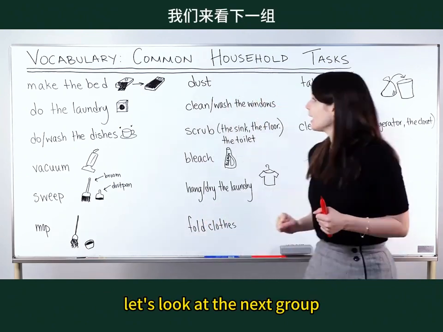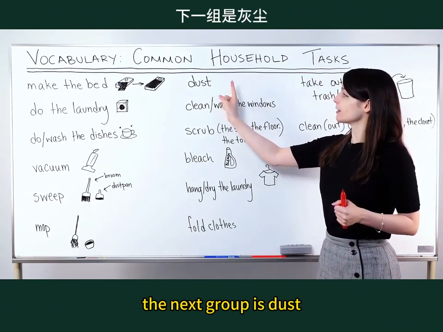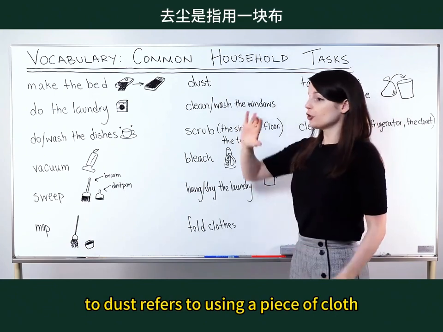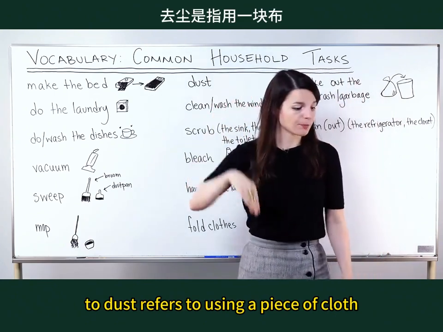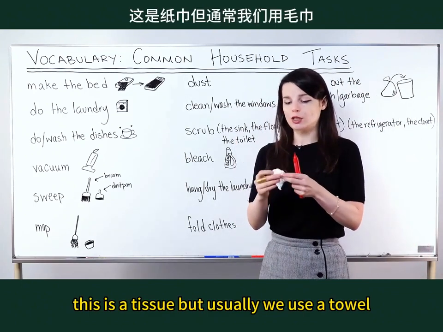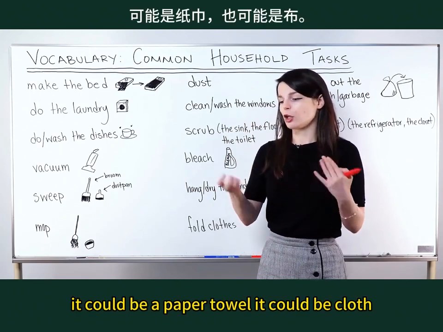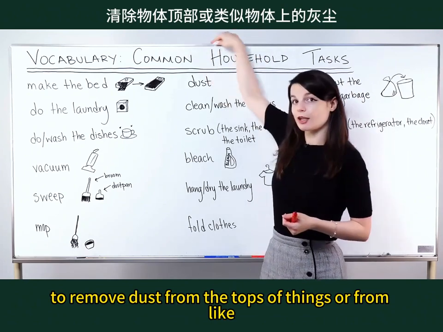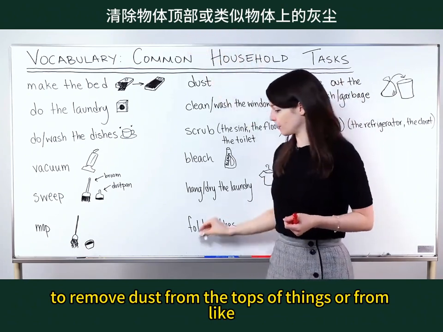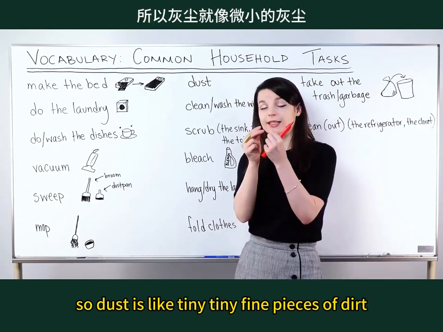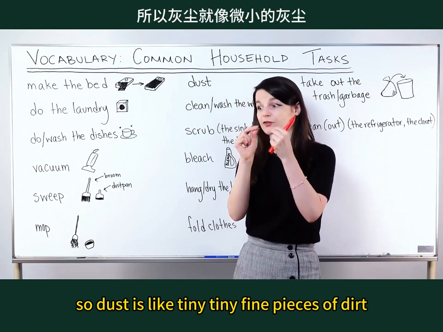The next group is dust, or the first one at the top is dust. To dust refers to using a piece of cloth. So for example, this is a tissue, but usually we use a towel. It could be a paper towel, it could be cloth, to remove dust from the tops of things or from small spaces where dust gathers. So dust is tiny, tiny, fine pieces of dirt or other things in your house.